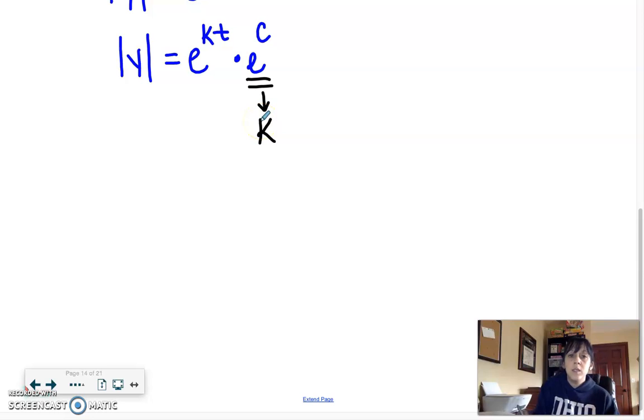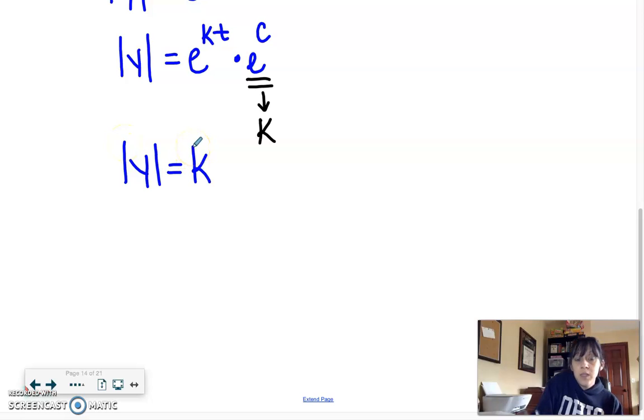You're typically going to see k, or sometimes a, sometimes d. It changes a little bit, but it really doesn't matter what letter you pick, to be quite honest, just as long as you pick something. So I'm going to take that k value and move it. Actually, you know what? I can't use k. Anybody catch that? K is already in the problem.